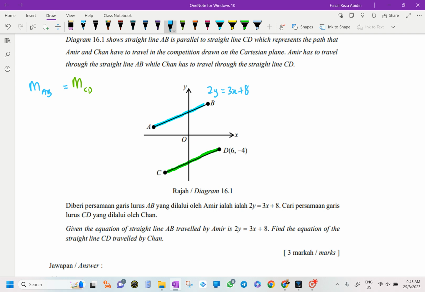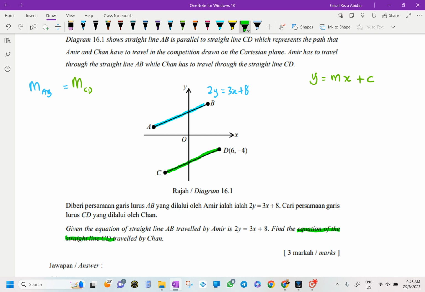The question: find the equation of the straight line CD traveled by Chan. So y = mx + c, that we are going to use to find the equation of the straight line. Am I right?